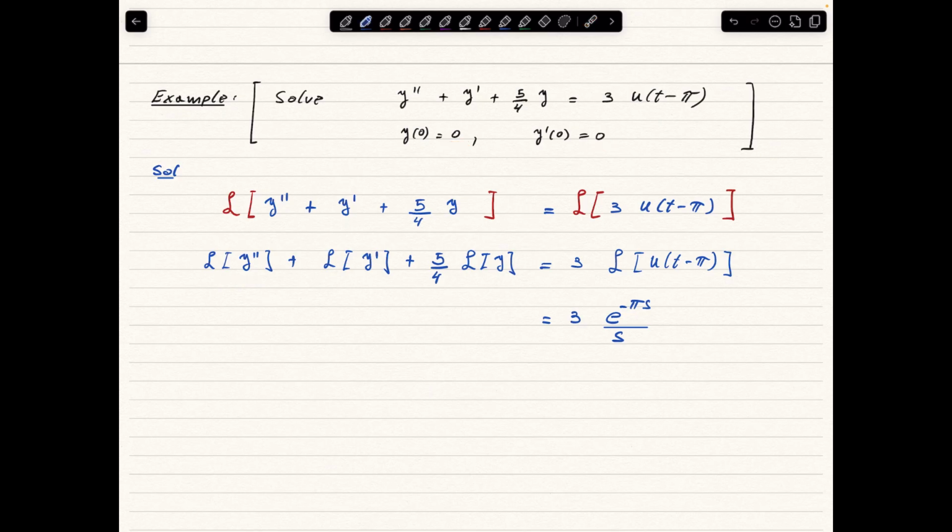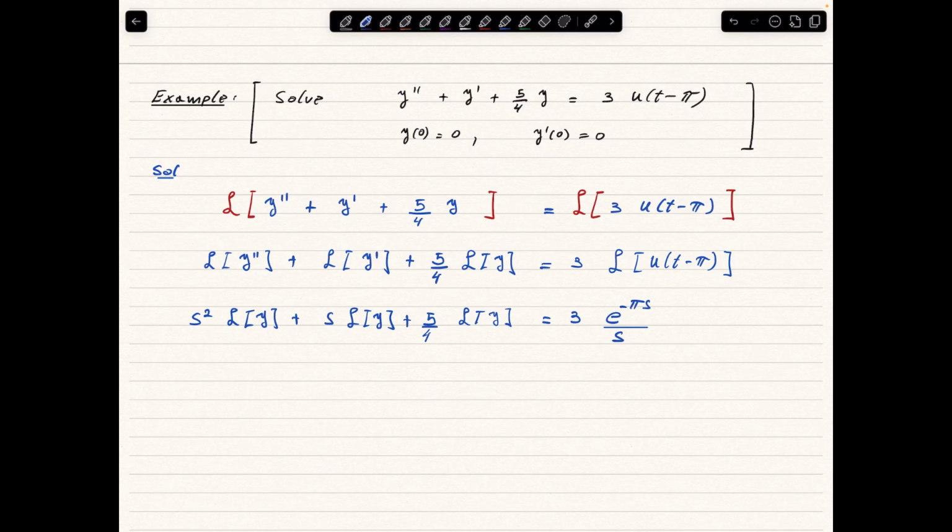The initial conditions are 0. This is just multiplication by s squared times the Laplace transform of y, plus multiplication by s times the Laplace transform of y, plus the factor 5/4 that we had before, times the Laplace transform of y.